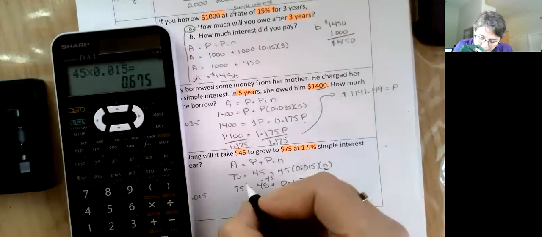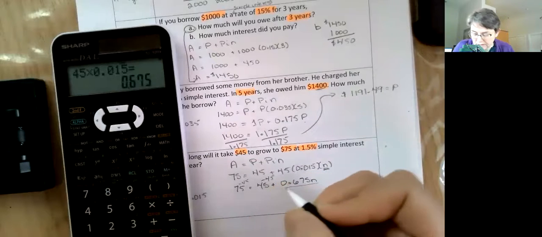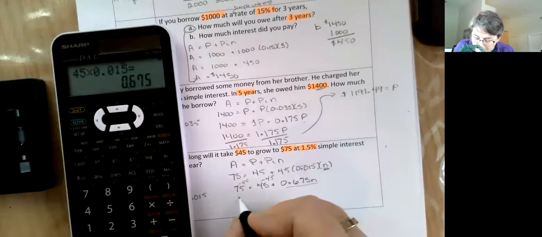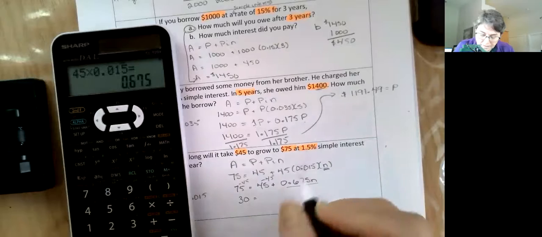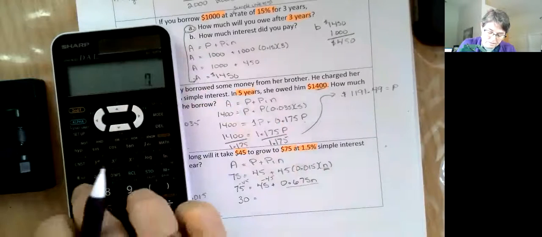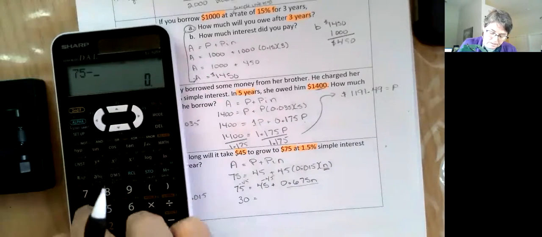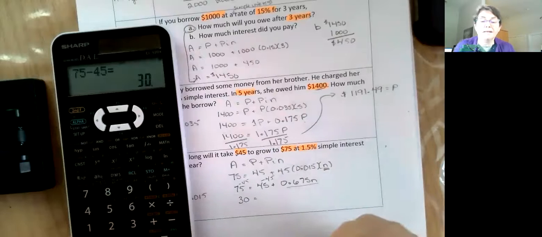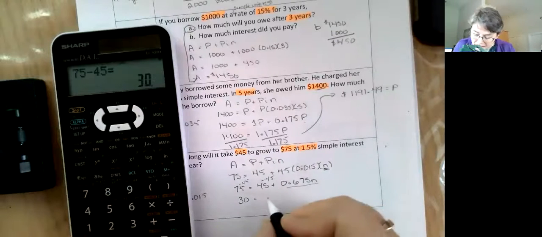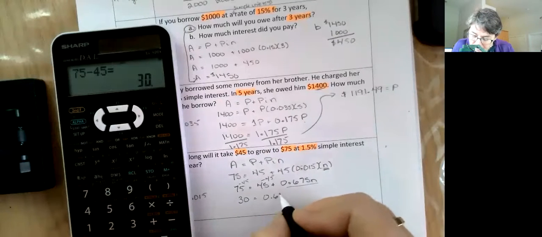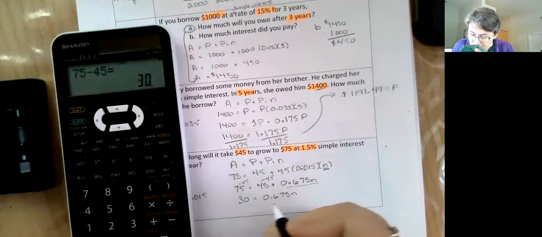Can't put those together. My brain's not supporting me today. It's 0.675N.